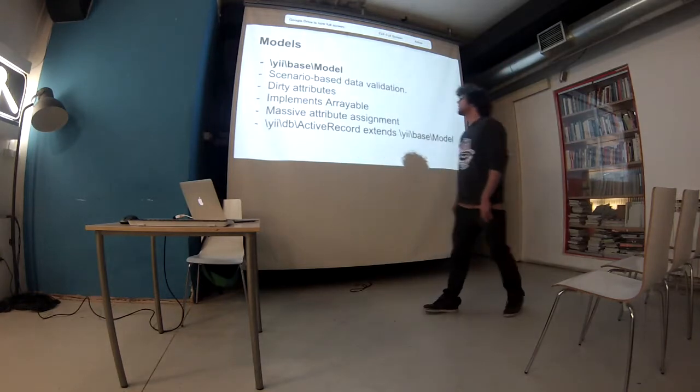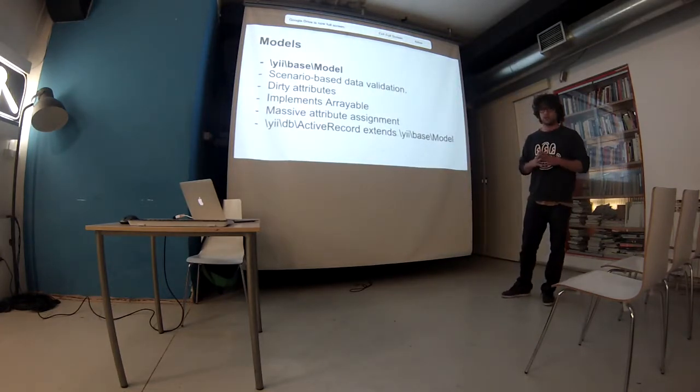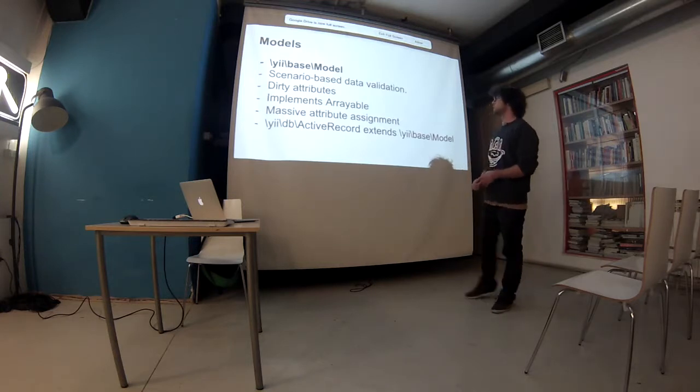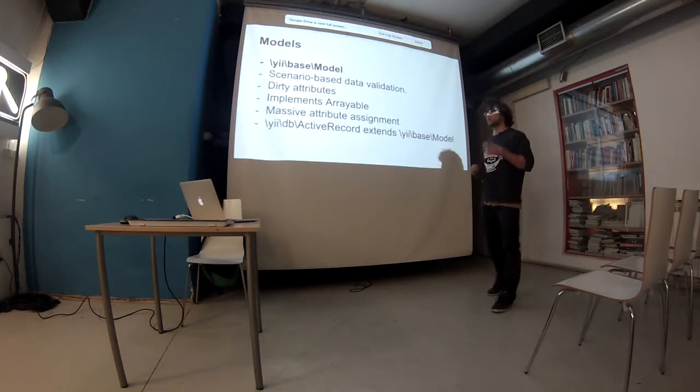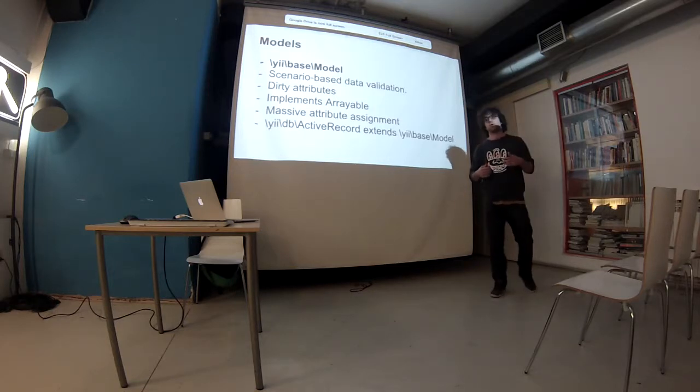So models, not much has changed here, but a couple of things that have been added really simplify development and make your life easier. It still supports scenario-based data validation. It introduces something called detection of dirty attributes, which you can use to detect any changed attributes on, let's say, your forms or models.